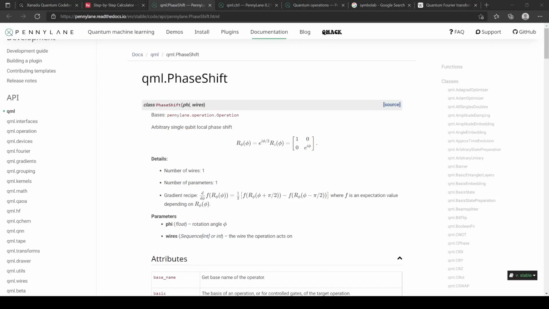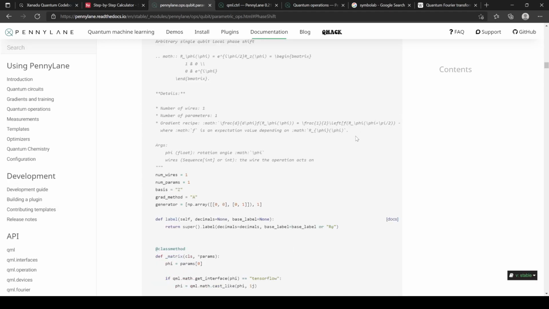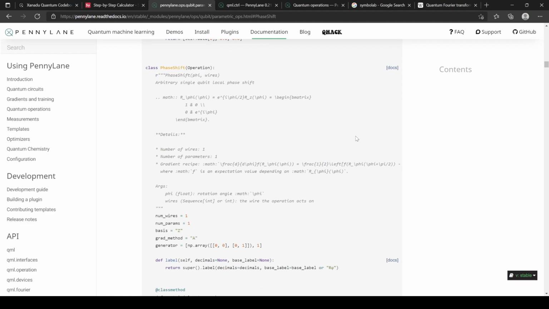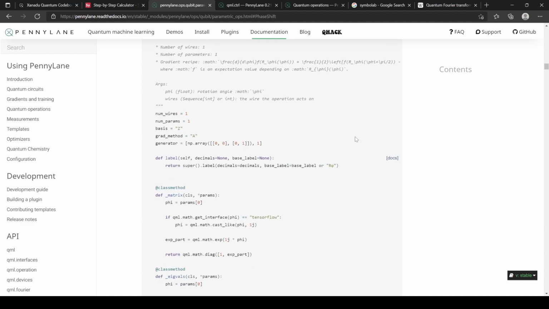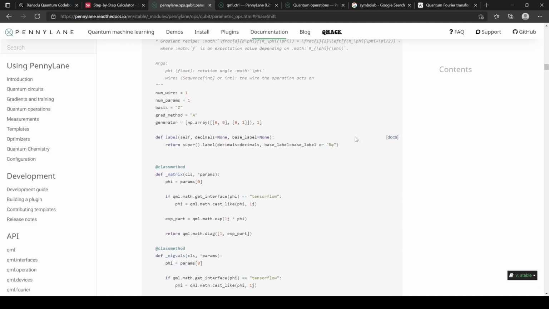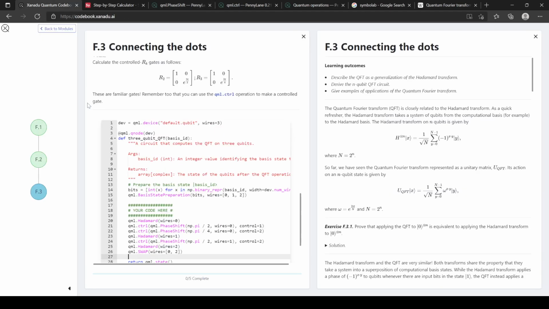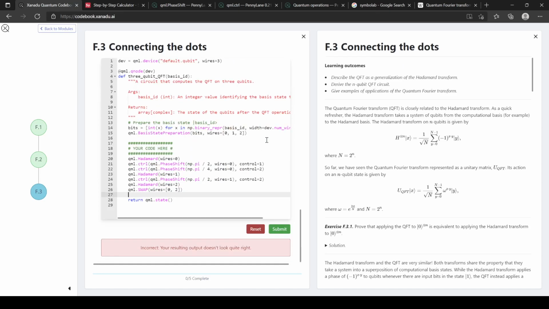This is the gate that we want. All right, let's just stay focused and get this.